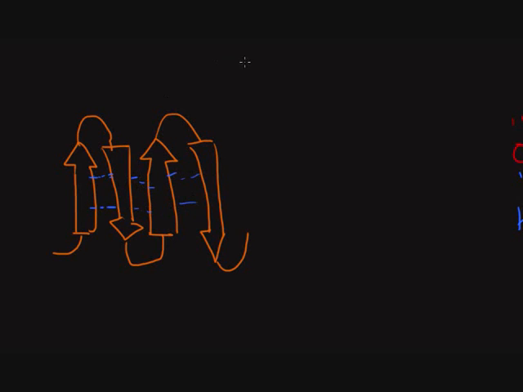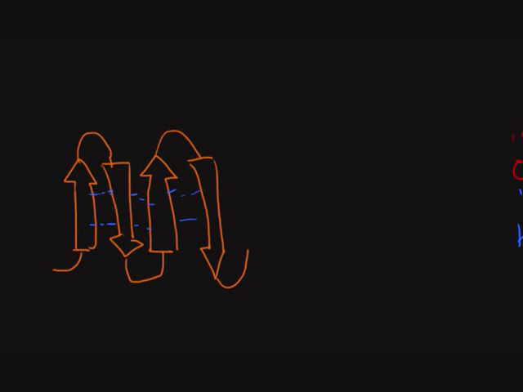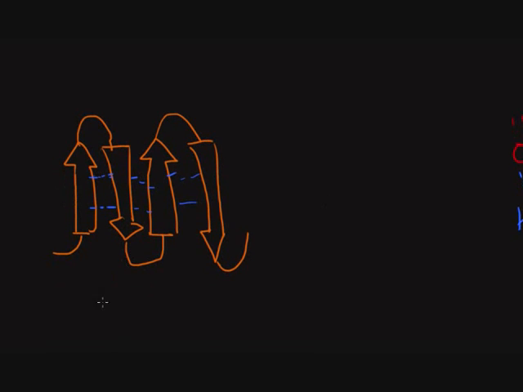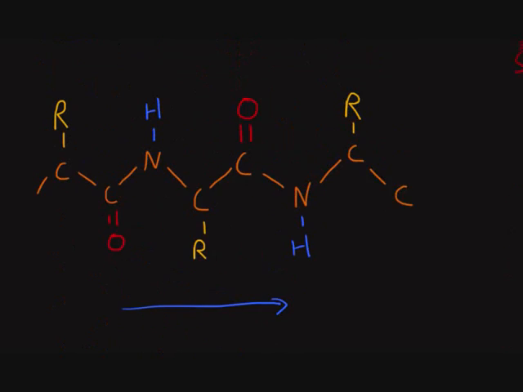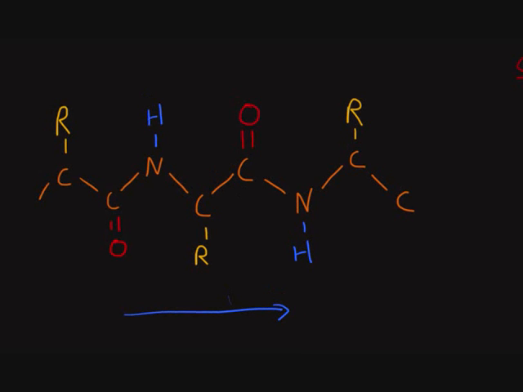And as we can see here, if you're lining them all next to each other, you get a sheet-like effect, and this is the beta pleated sheet, and that's the second basic structural shape that proteins can start to form. So this is just the very basic first changes that occur from this simple chain that we've got here at the top, the simple chain of amino acids, and they're starting to form more complex shapes.